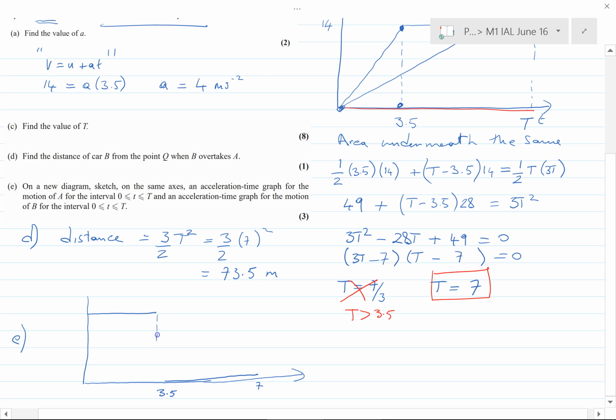Let's mark a little dotted line to show that's the thing for A. And B just carries on at a constant acceleration of 3 meters per second squared, so B does something like that. And that is question 6 done.